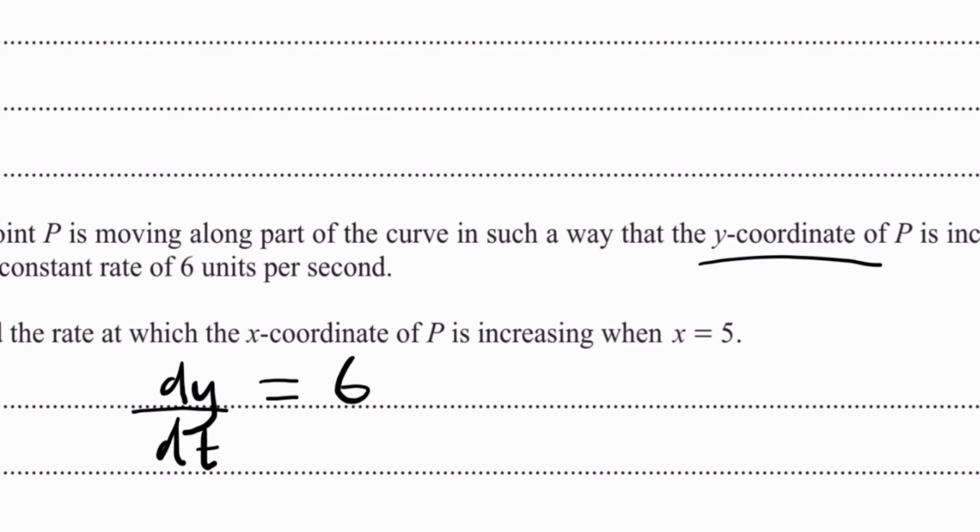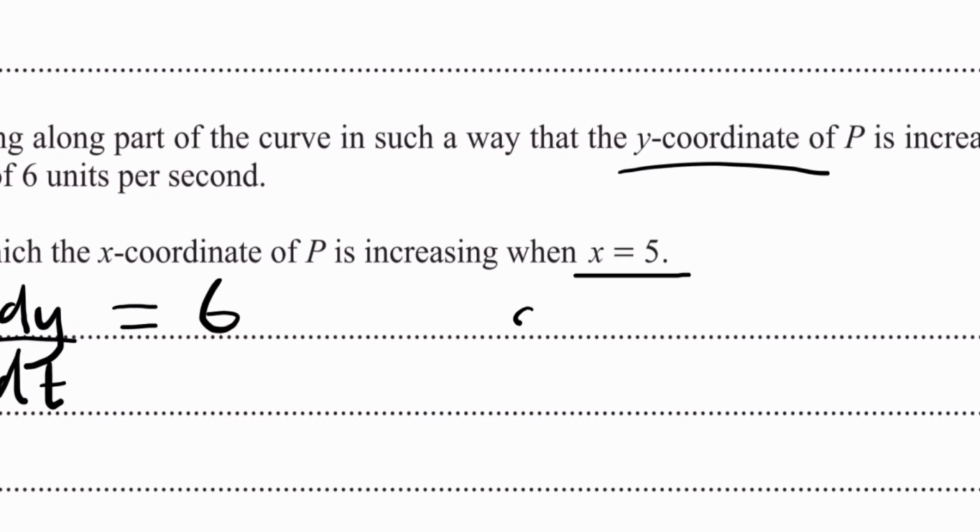Since they said it's increasing, so 6 is positive. If it had said it's decreasing, we would have written minus 6. But for this case, it's increasing, so it's 6. Then it says find the rate at which the x coordinate of P is increasing when x equals 5.